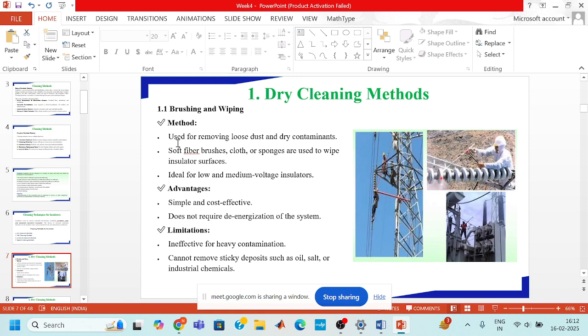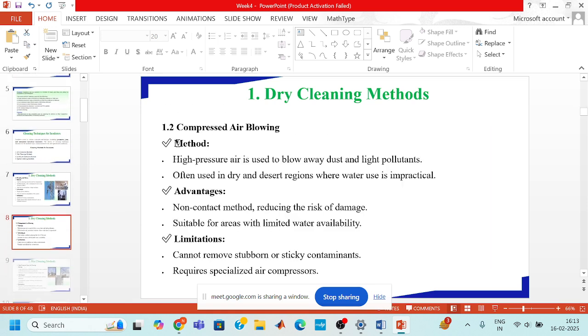The main advantage of this method is that it is very simple and cost effective, and it does not require de-energization of the systems. But it is ineffective for heavy contamination, and it cannot remove sticky deposits such as oil, salt, or industrial chemicals.